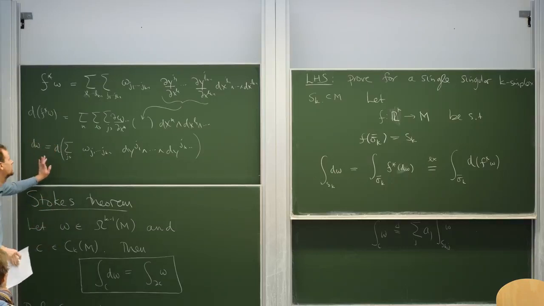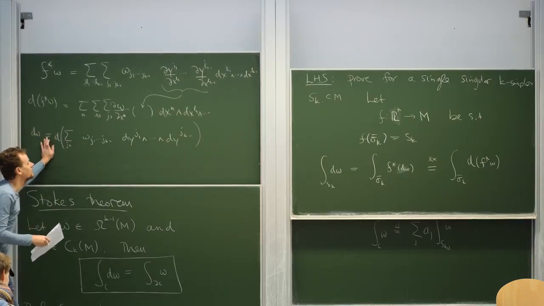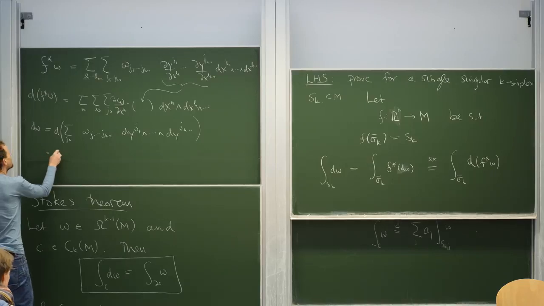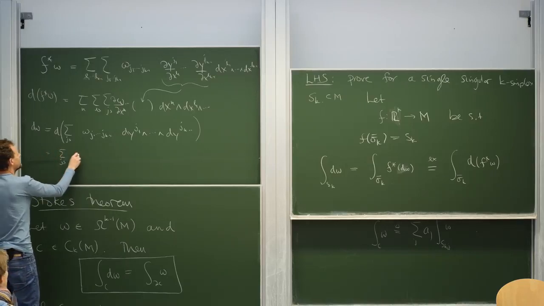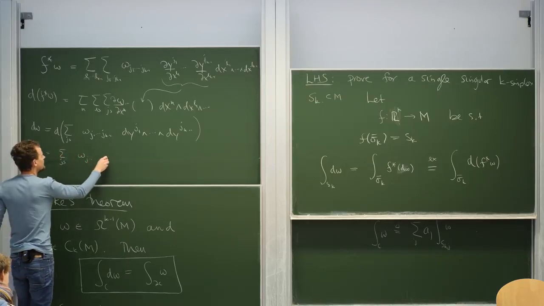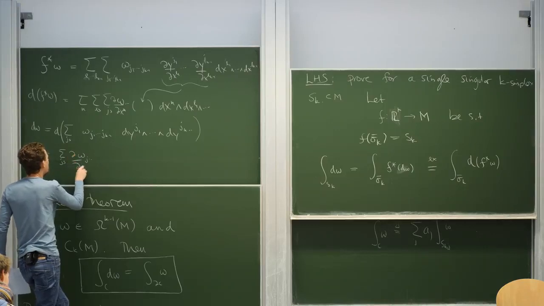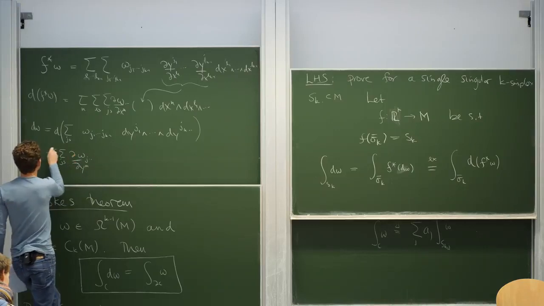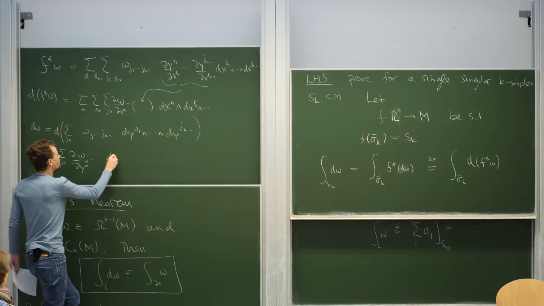But now we're in the coordinate patch on the manifold. So it's the sum over the j's of omega_j's d y^m in this case. And you wedge on the y.